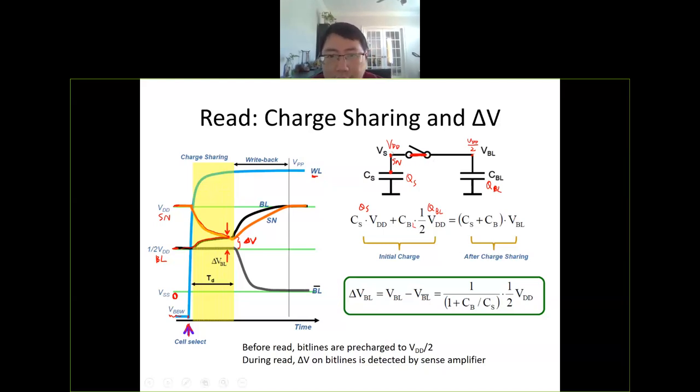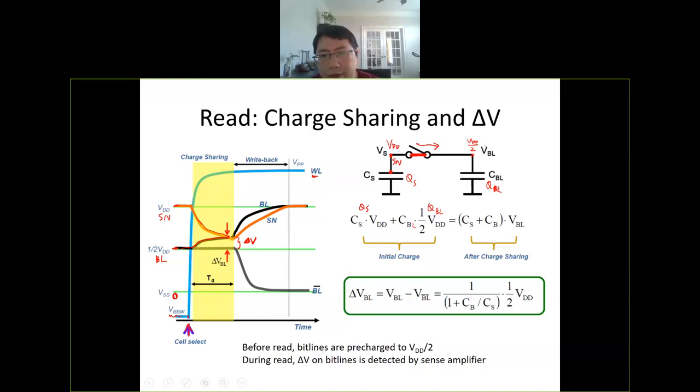In this case, the current flows to the right because this side is VDD and the other side is half VDD. So we are going to discharge the Cs, but charge the CBL. In other words, you are going to share the charge between those two nodes, or you take the sum of the charge from the Vs to the VBL.